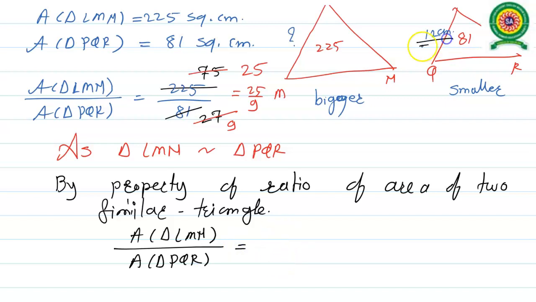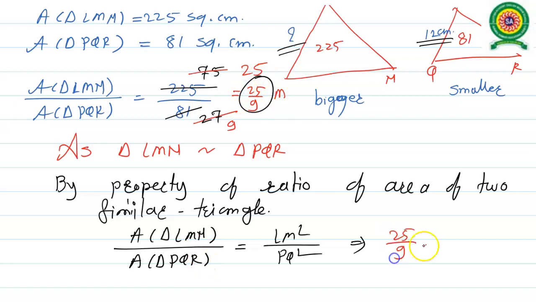Now we have the value of PQ and we are trying to evaluate LM, so I am writing LM square divided by PQ square. So the area of triangle LMN divided by the area of triangle PQR equals 25 divided by 9. So 25 divided by 9 equals LM square divided by PQ, whose value is 12, so 12 square.